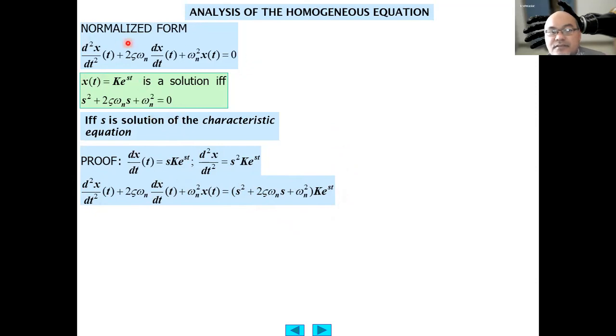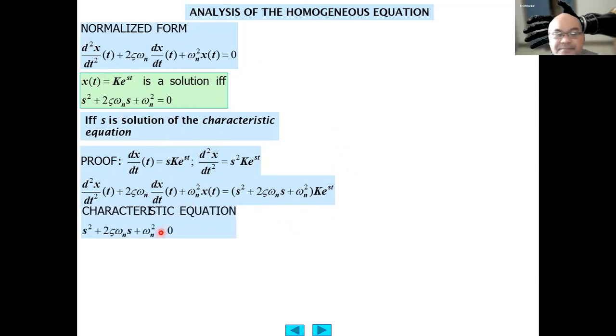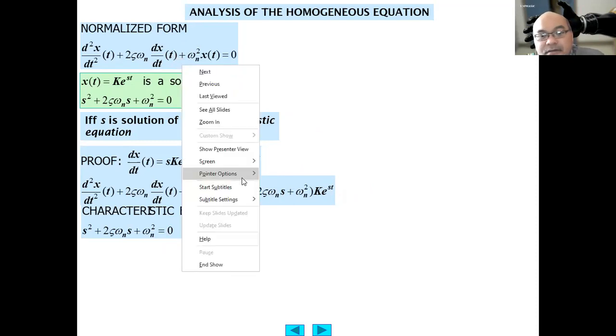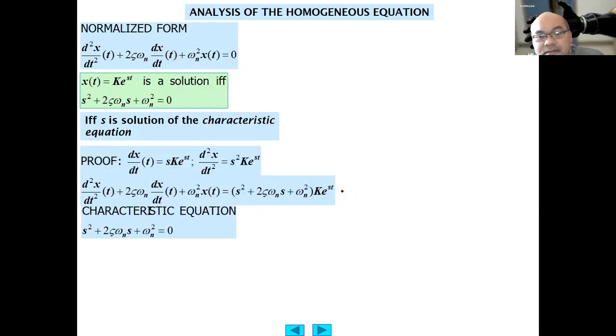this homogeneous equation. So the characteristic equation: this equals to 0, right? Because of this term. So in order that this equals 0, this term has to be equal to 0, because this cannot be 0, because the value of the exponent cannot be 0; the exponent of 0 is 1.